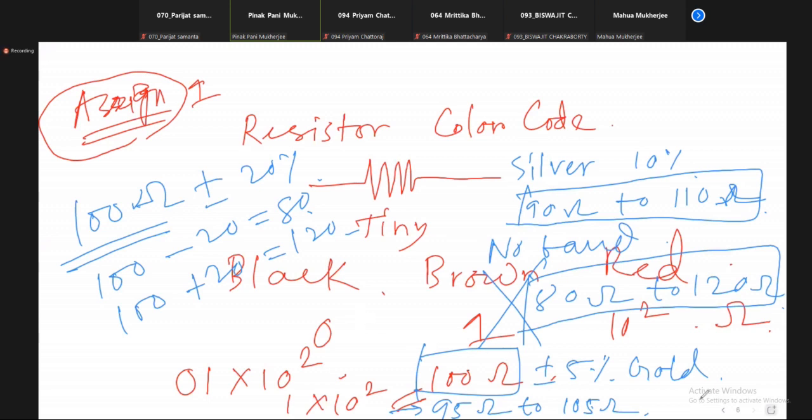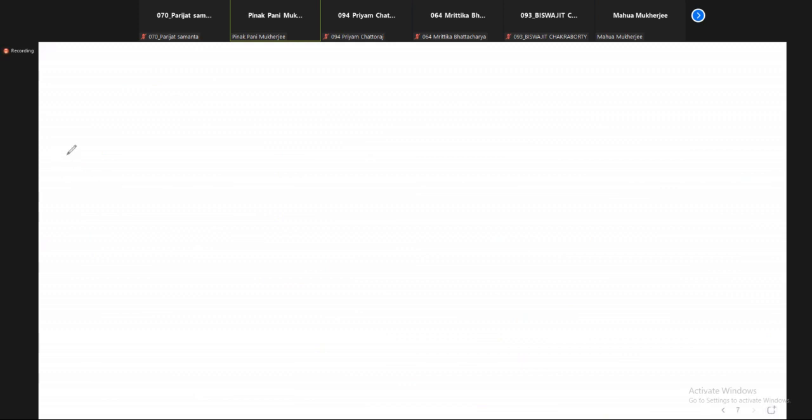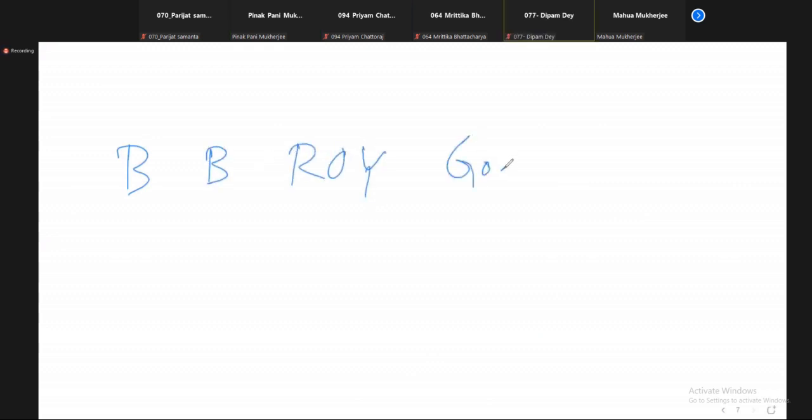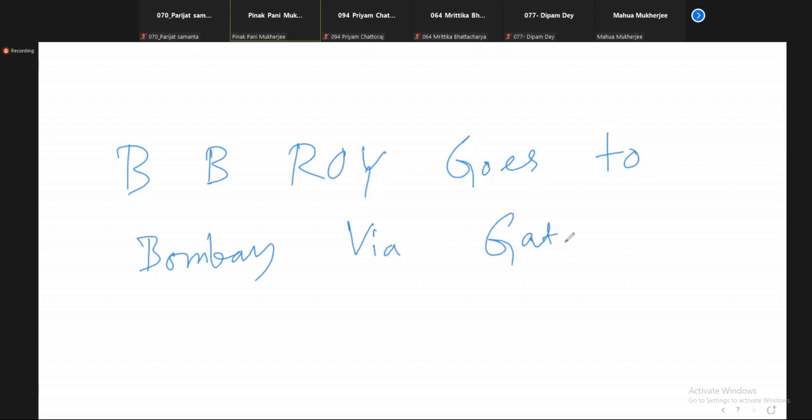Now one technique to remember this value list. That is, there is one key phrase like this: B. Roy goes to Bombay via Gateway.